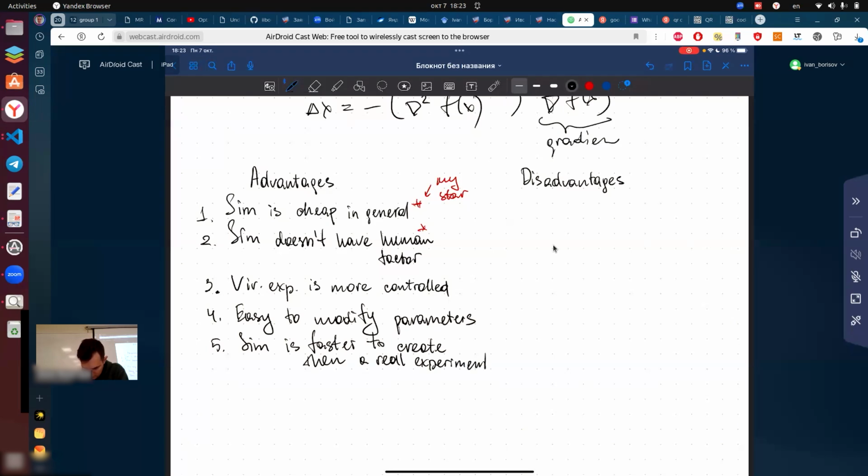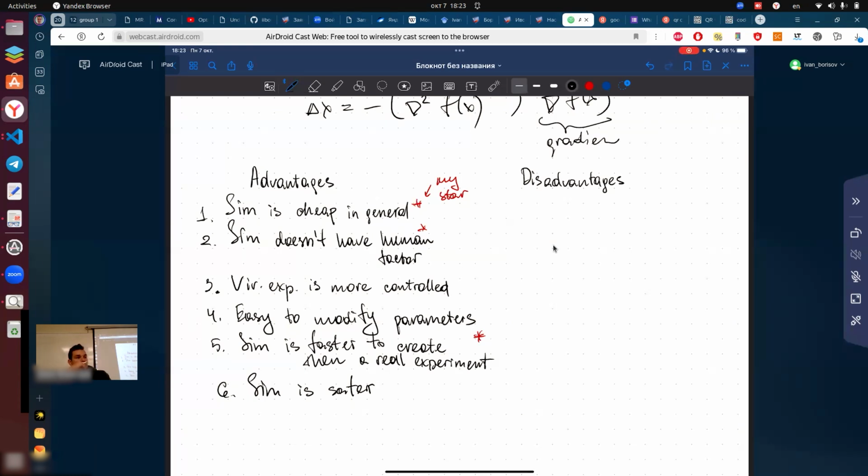It depends on the experiment. Simulation is also maybe safer. Can you define simulation before? Faster to create than the real experiment. Yes, it is also not always cheaper.